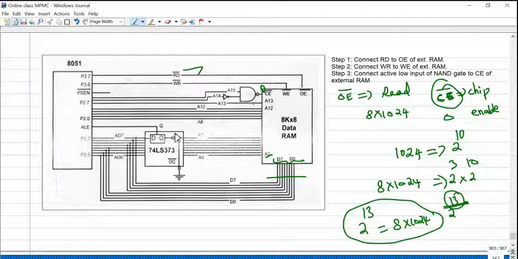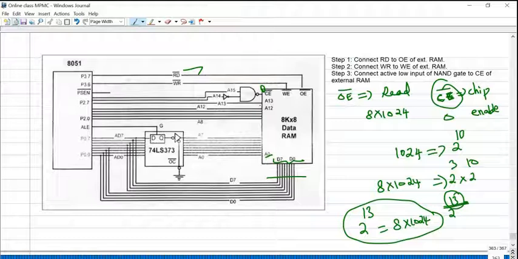When will the NAND gate output be 0? When the AND gate output is 1, that is, if all the inputs are 1.